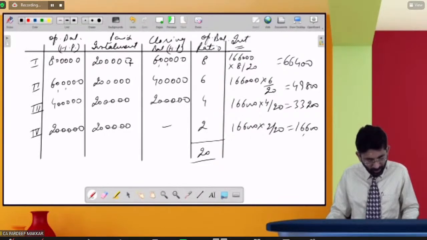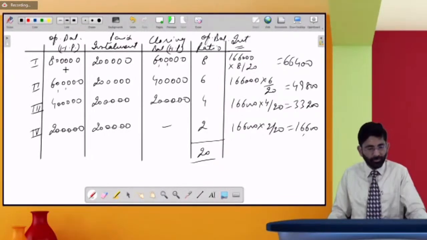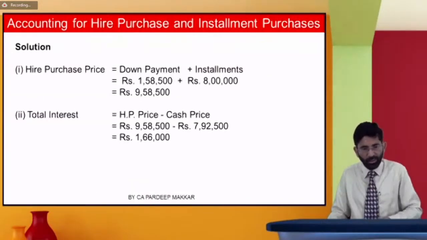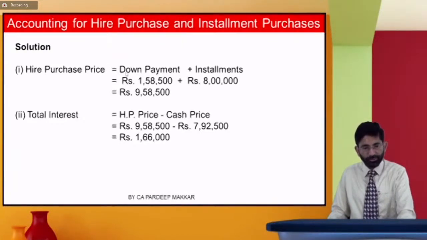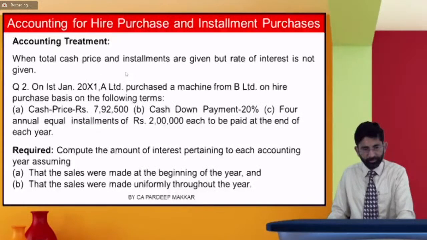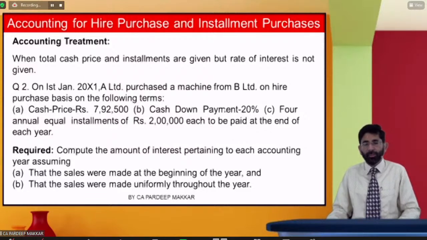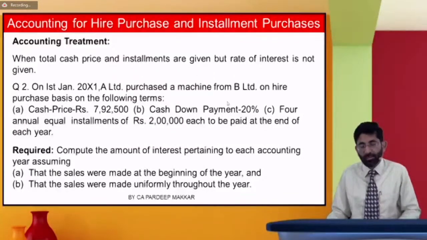Sir, how is 8 lakh the amount due at the beginning of first year? Very good question. Just see, here it is. Even you may see the question. He says cash price is 7,90,500. Down payment is 20%. Obviously, down payment will be deducted from it to calculate the remaining CP.